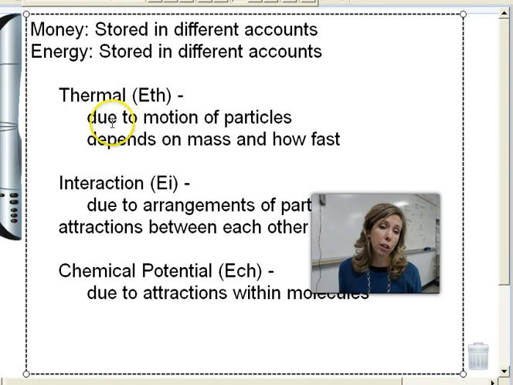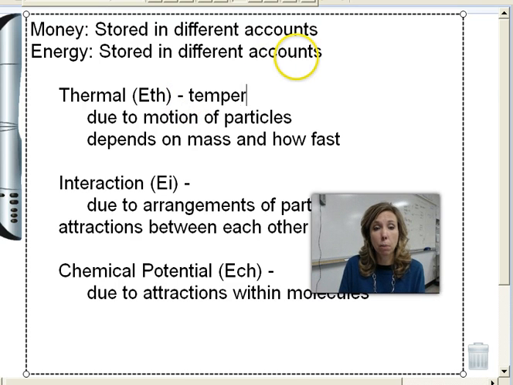Thermal energy is energy that's stored due to the motion of particles. All substances, their particles are moving. How much energy is stored in thermal depends upon mass and how fast they're moving. The way that we are able to observe how much energy is stored in thermal is through temperature. A really high temperature reading tells us there's a lot of thermal energy being stored there. A very low temperature means a very low amount of thermal energy.